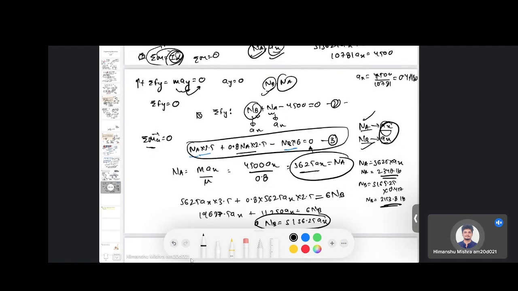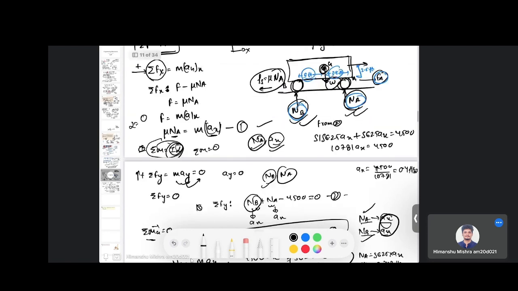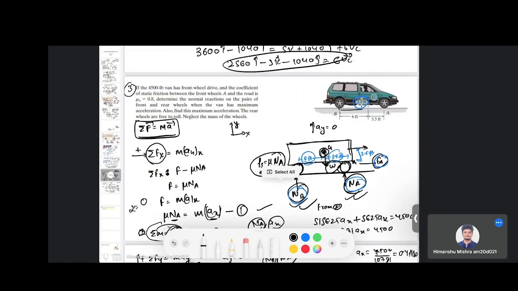So now it is all algebra. We have three equations and three unknowns, and we got the three unknowns by solving these three equations. So let's move to the next problem.